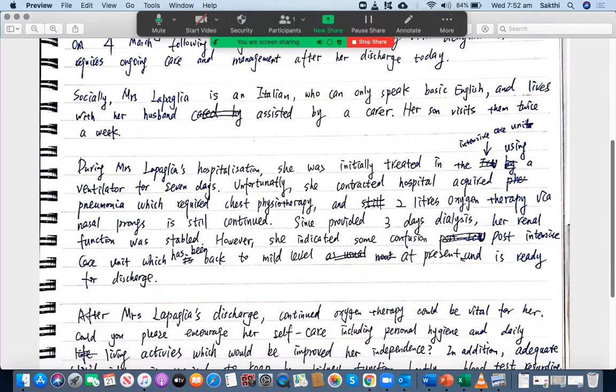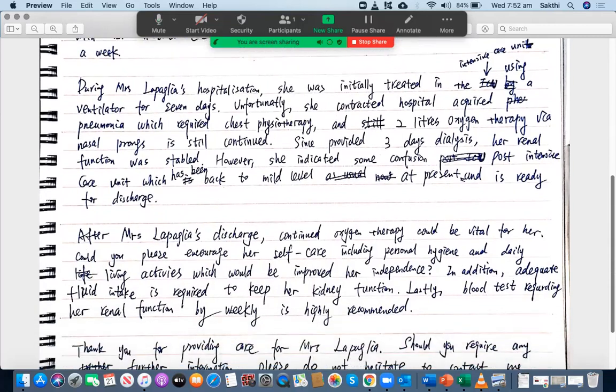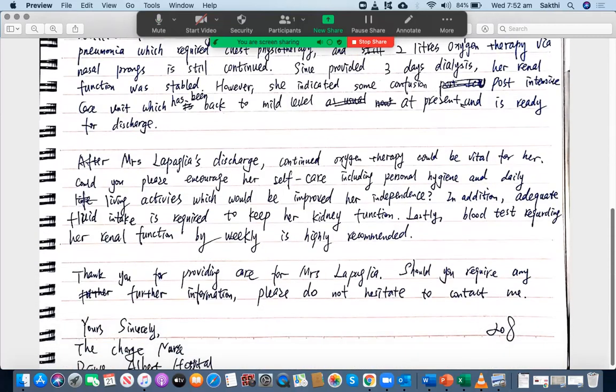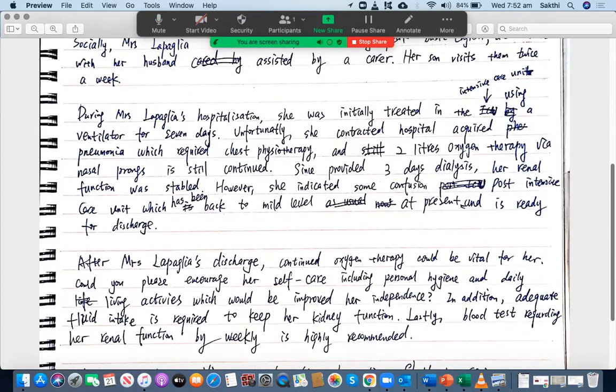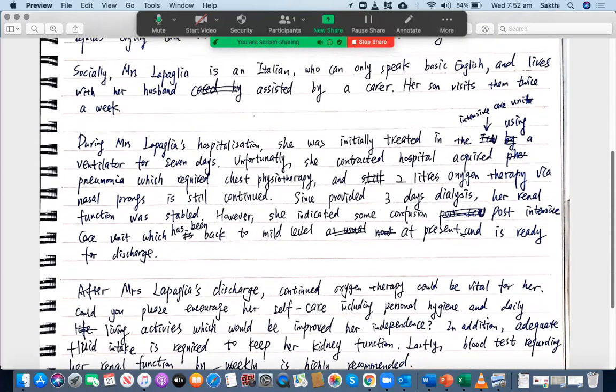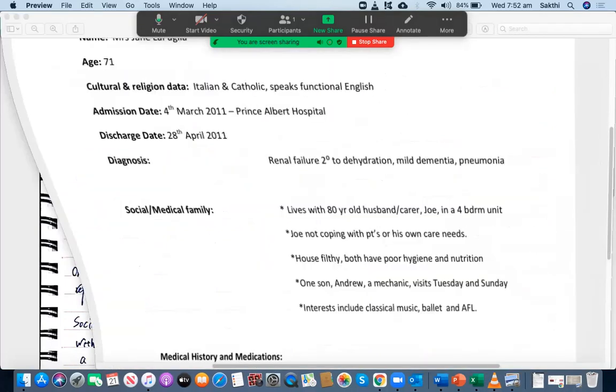I think mild dementia was not mentioned, I believe. I think so, yeah. So mild dementia could have been included. So one of the case notes was not included. All right, let's go to the next one.